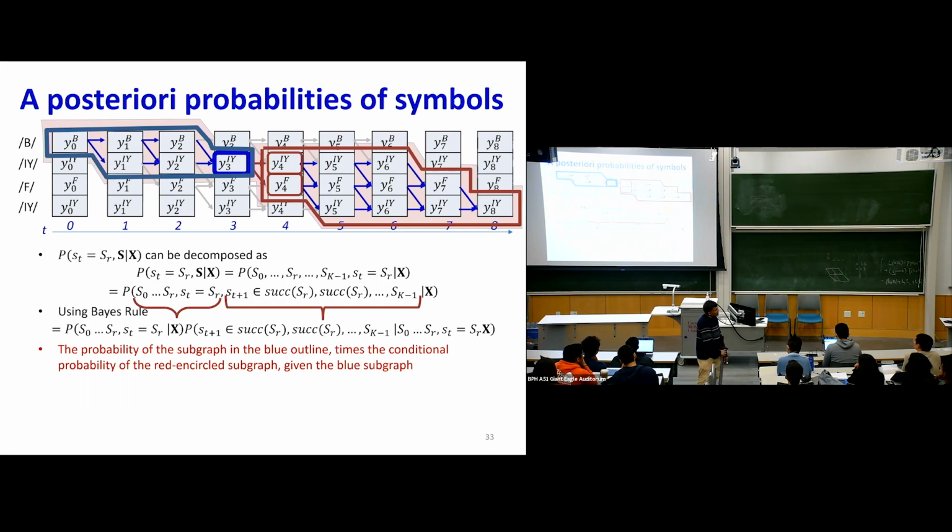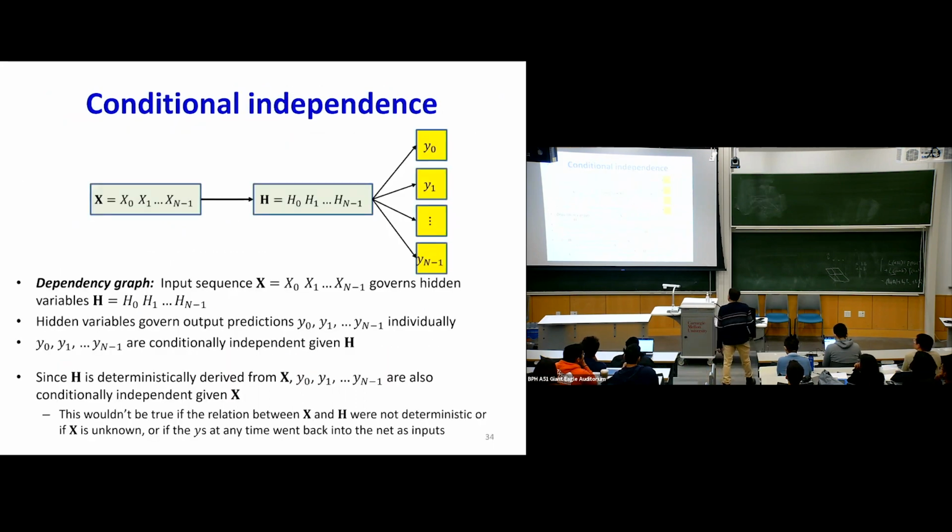So in other words, what we can say over here, and that's simply because the hidden states are all deterministically computed, right? The hidden states are just dependent on the input. So the probabilities output at any time do not consider anything that happened at any other time. They only look at the hidden states, right?